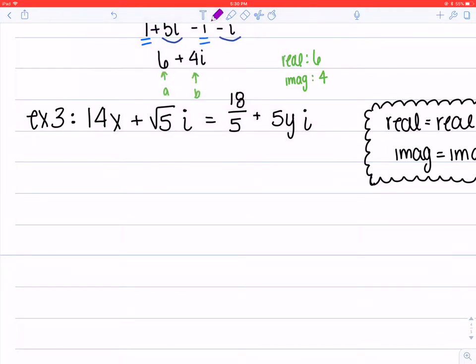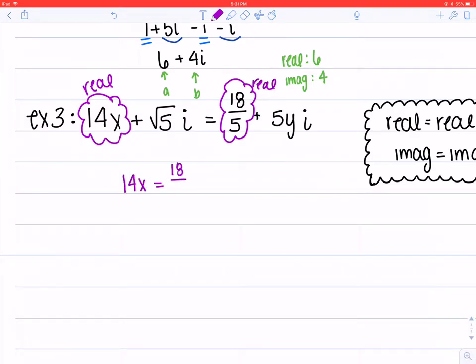So the real part here is 14x because I don't see an i. And the real part here is 18 over 5. So I'm going to have 14x equals 18 over 5.